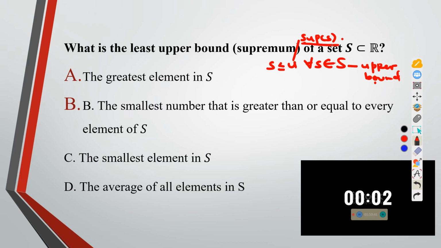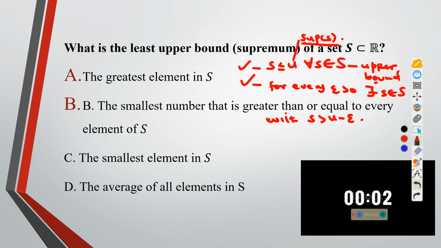So if u qualifies to be an upper bound, then what now makes it the least upper bound is that no smaller number has the property that for every epsilon greater than 0, there exists an element from that set such that that element will be greater than u minus epsilon. So if the two are satisfied for u, then u will be called the least upper bound.